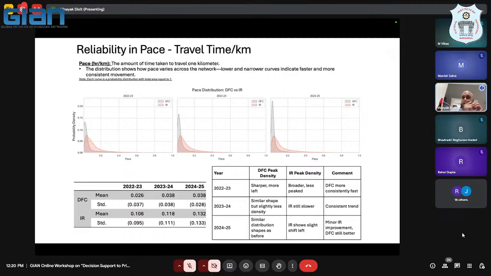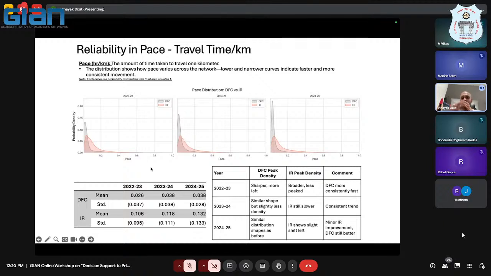It takes less time to travel a kilometer, and it is also more reliable because the standard deviations are lower. You can see that here. In 24-25 on DFC, it took 0.038 hours per kilometer, and the standard deviation was only 0.028, so they're almost equal. For IR, the pace was 0.132 hours per kilometer, and the standard deviation is 0.133.